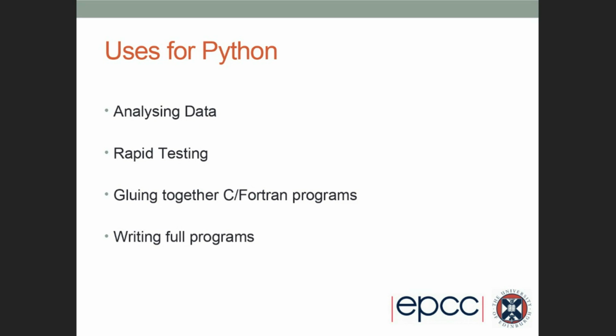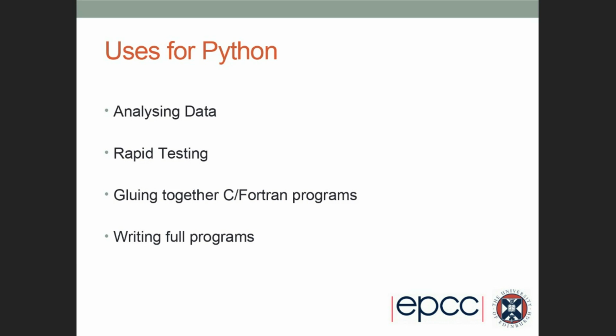Gluing together C and Fortran programs. There are interfaces between Python and both C and Fortran, so that you can call C and Fortran functions to do the bits of number crunching that require some heavy lifting, while the Python just ties it all together. And lastly, writing full programs.